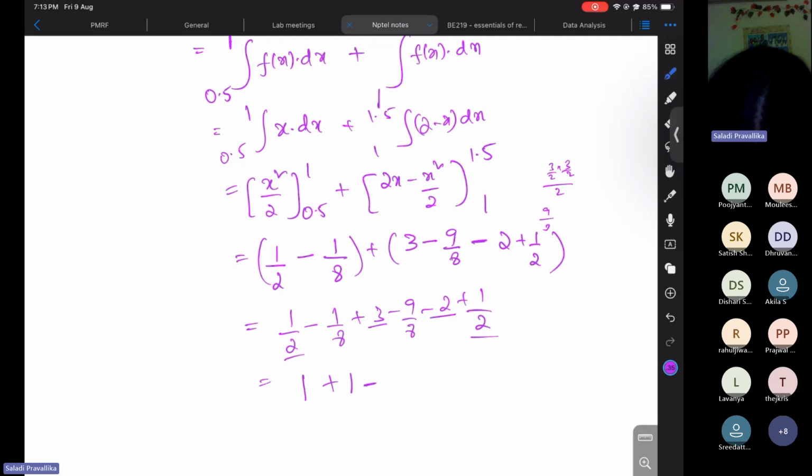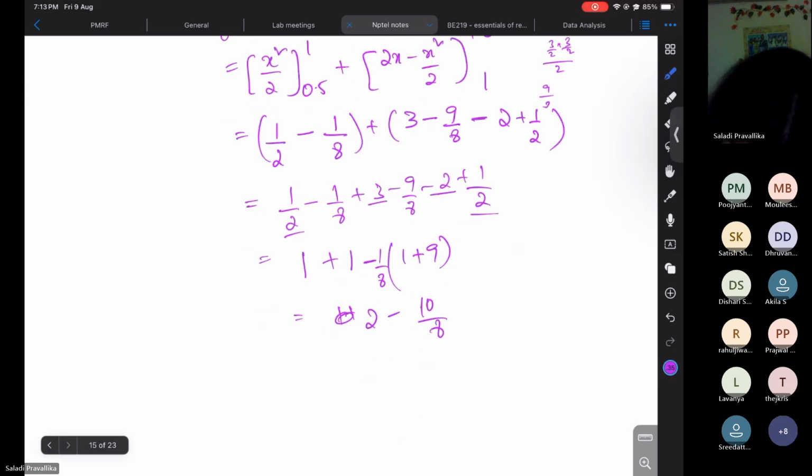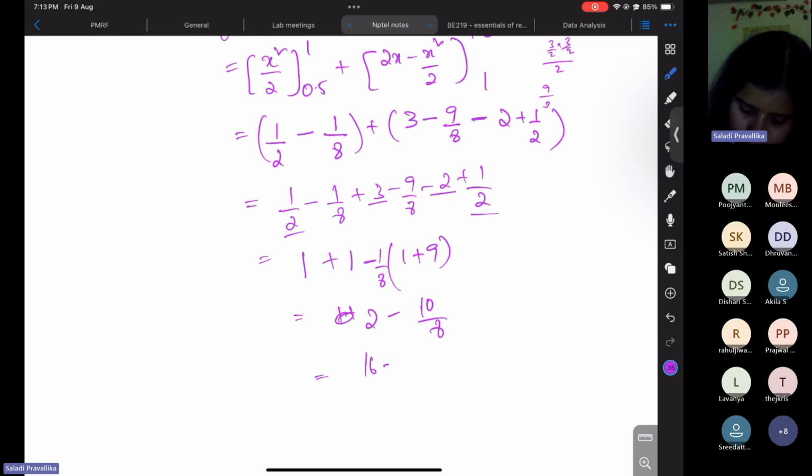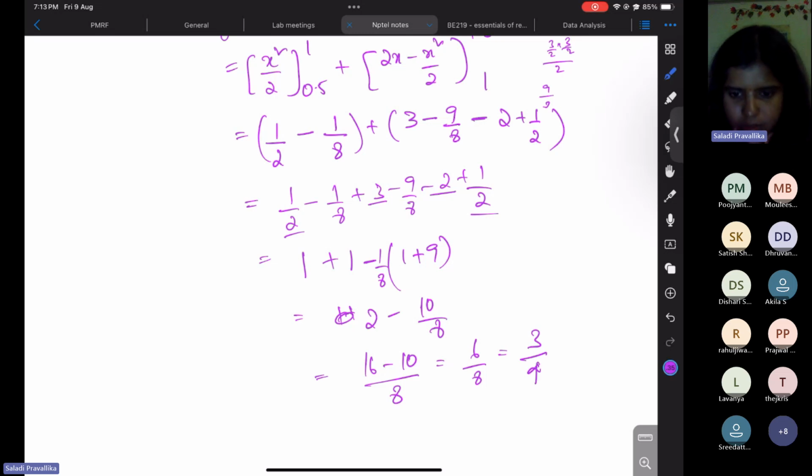What value is it? I take minus 1 by 8 common. It's 1 plus 9. 1 plus 1 is 2 minus 10 by 8. I hope I'm right. It's 16 minus 10 by 8. 6 by 8 is 3 by 4.